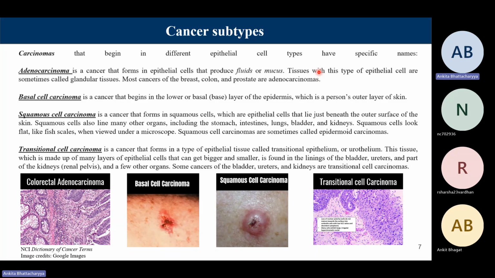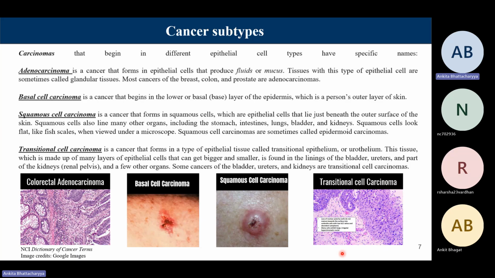Squamous cell carcinoma in squamous cells present within stomach, intestines, lungs, bladder, kidneys, etc. Transitional cell carcinoma, which forms in epithelial tissue known as transitional epithelium, which is made up of many epithelial cell layers. Usually, they are found in the bladder, ureters, part of kidneys, few other organs, etc.